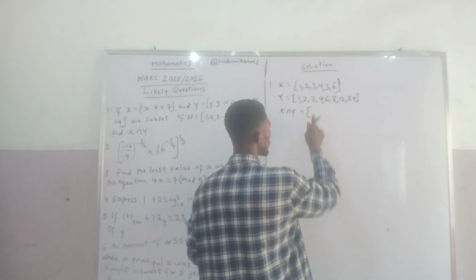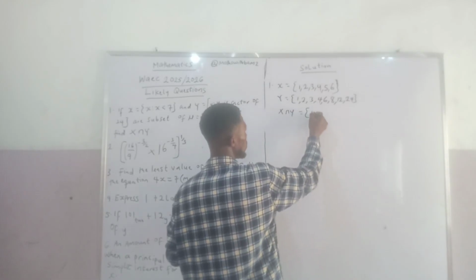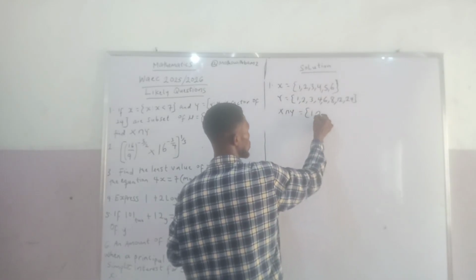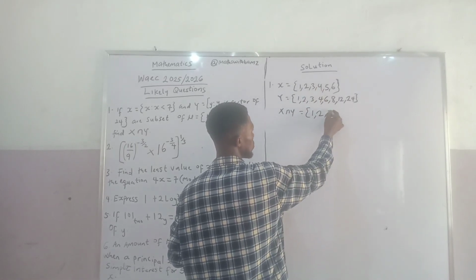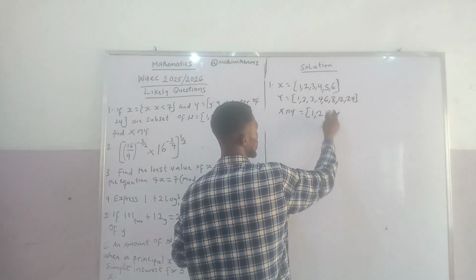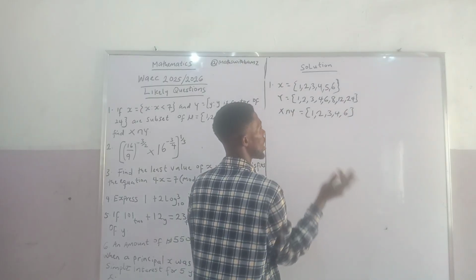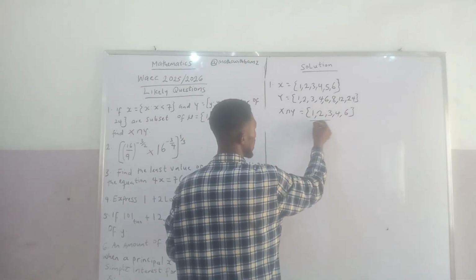So what are we going to have here? What is common here? If you look at it, 1 is common because 1 is here, 2 is here, 2 here. 3 is common too. So 4 also is common. 6 is also common. We don't have any other. So these are our answer.